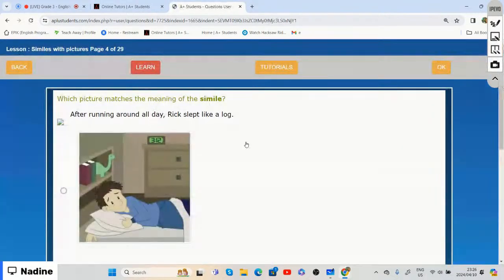All right. It says, after running around all day, Rick slept like a log.